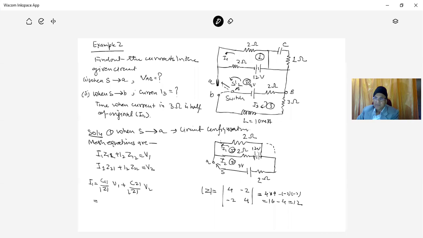So the I1 value is C11, this value and this value. So it is 4 into 12 upon 12 minus 2 upon 12 into 3.